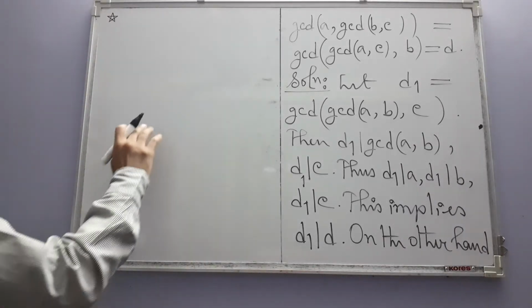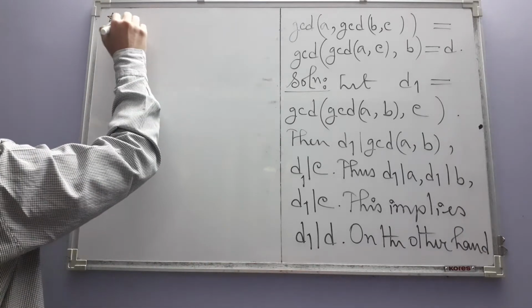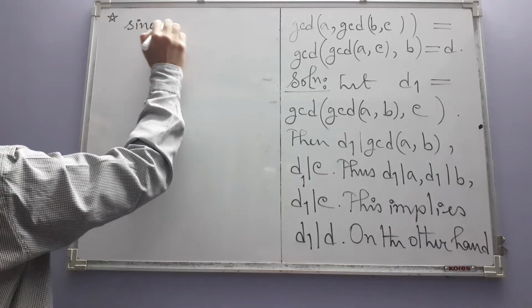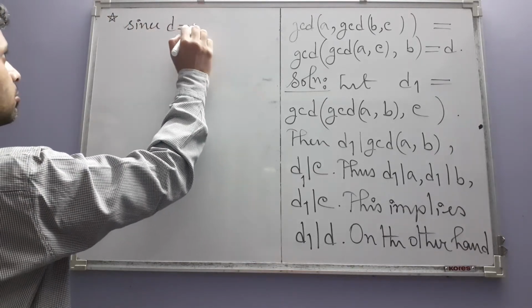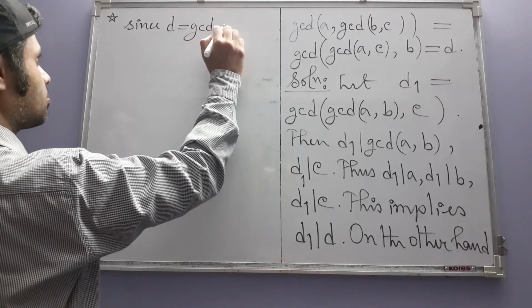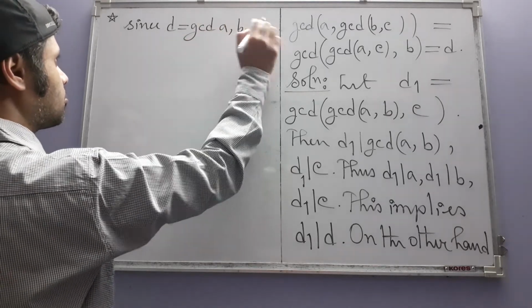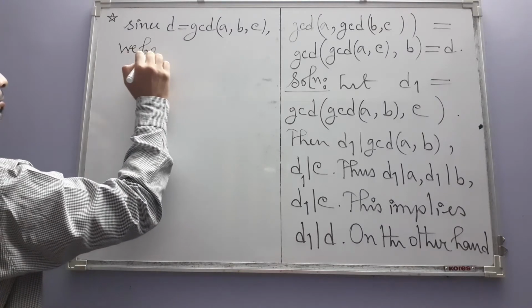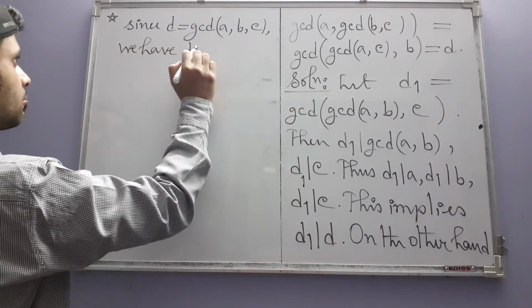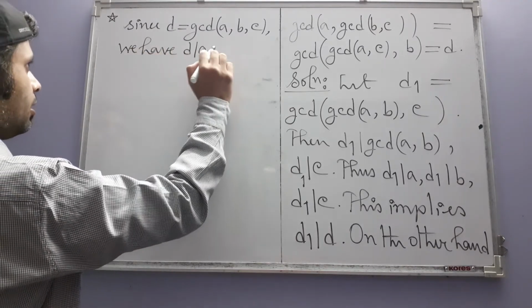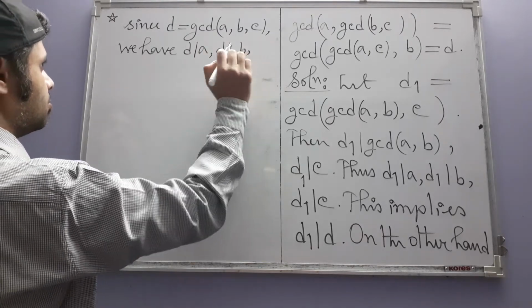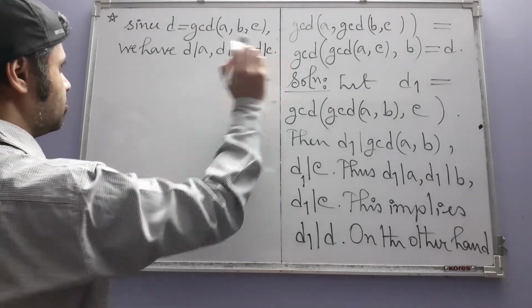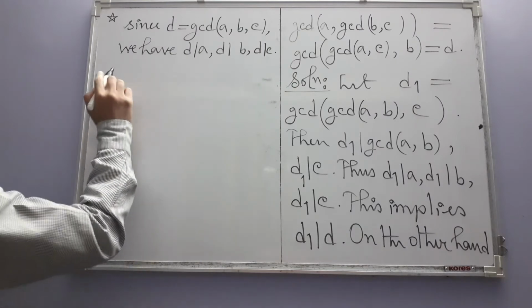On the other hand, we have D dividing A, D dividing B and D dividing C. Okay.